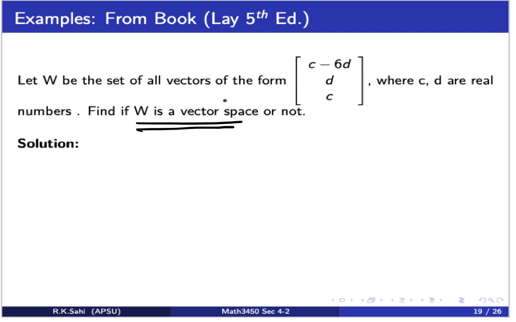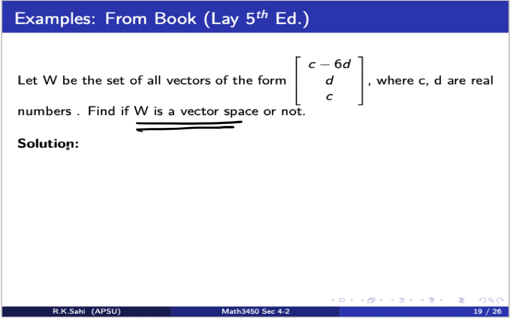In our previous videos, when I talked about vector spaces and subspaces, we said that if I can write a set as a linear combination of some vectors, then I'm talking of a spanning set, and every spanning set is a subspace, and every subspace is a vector space. So keep that in mind. If I want to see if this W is a vector space, what I literally have to see is whether this W can be written in the form of a spanning set of some vectors.